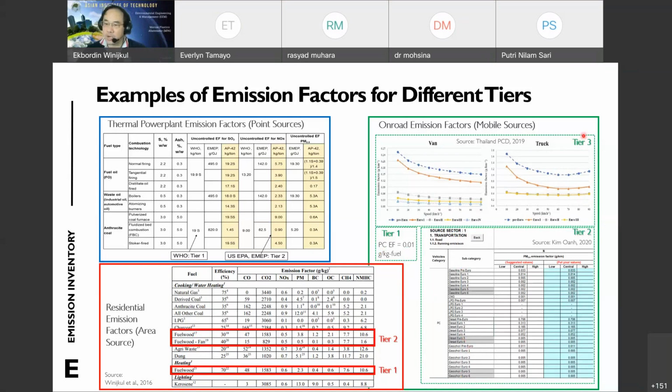Tier 3 are more detailed. This one also covers the emission that comes out from vans, trucks, different types of vehicles. Different lines of this refer to different engine vehicle types, engine standards, pre-Euro, Euro 1. And then different dots refer to the emission that comes out at different speeds of the vehicle on the road.